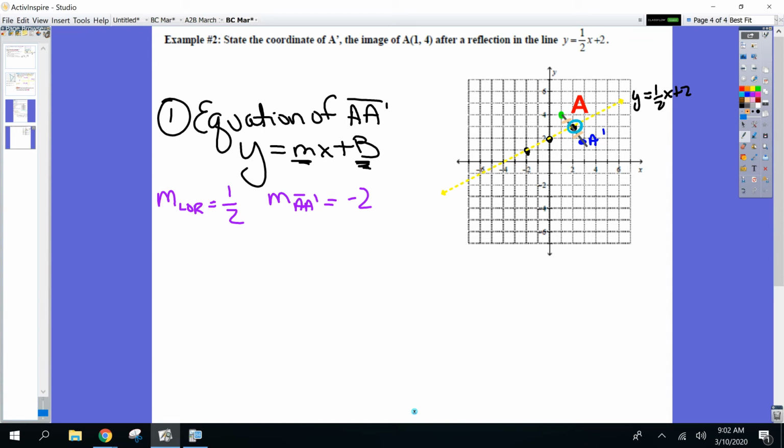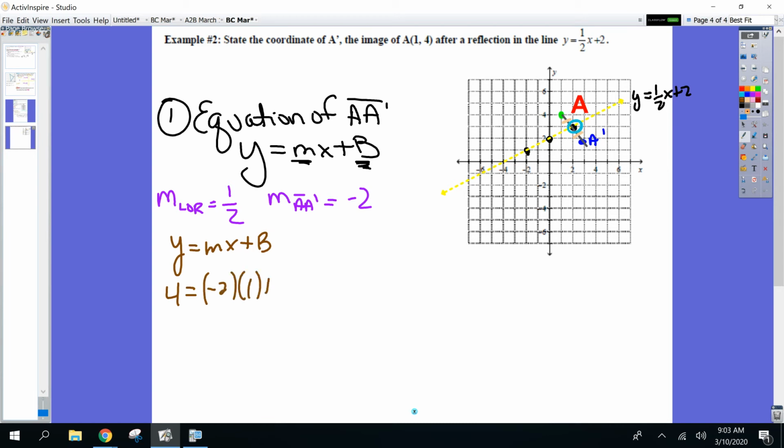Now you got to go find the Y-intercept. So to find the Y-intercept, we bust out y equals mx plus b again. Do you know a point on AA prime? I hope so. What is it? Point A. You don't need the midpoint. You know point A is on there. Plug it in. What's the Y coordinate? 4 equals, what's the slope of this line? -2. X coordinate? 1.